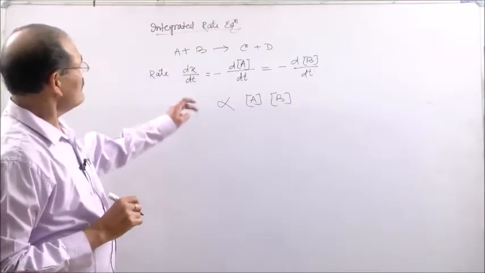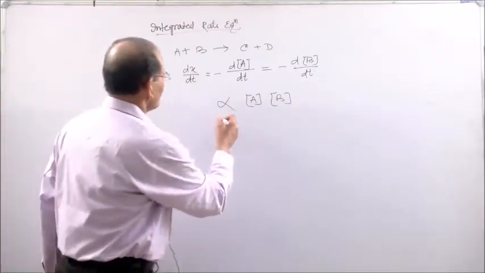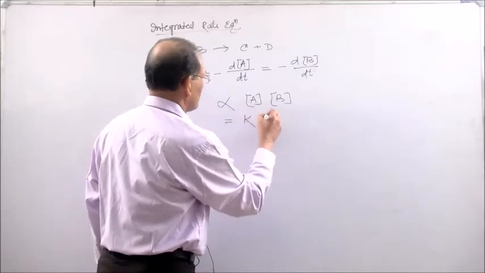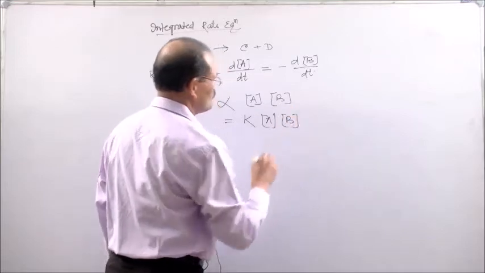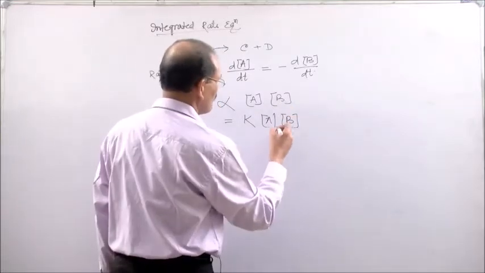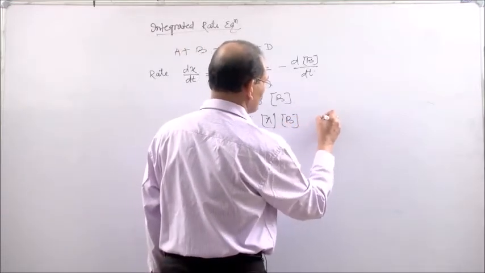So to get the value of rate constant K, where K is known as the proportionality constant or rate constant.